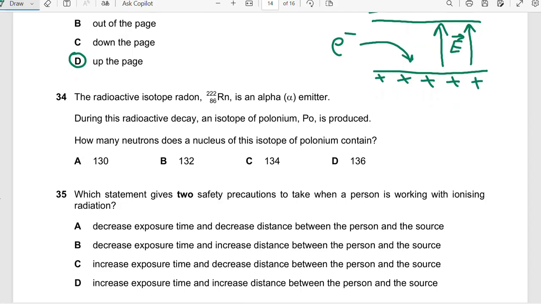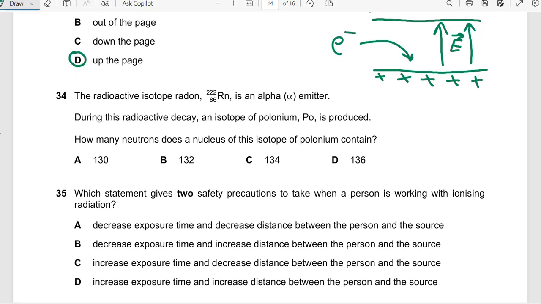Question 34, they say the radioactive isotope radon is an alpha emitter. It gives alpha. During this radioactive decay, an isotope of polonium is produced. How many neutrons does a nucleus of this isotope of polonium contain? First of all, let's write the radioactive reaction.